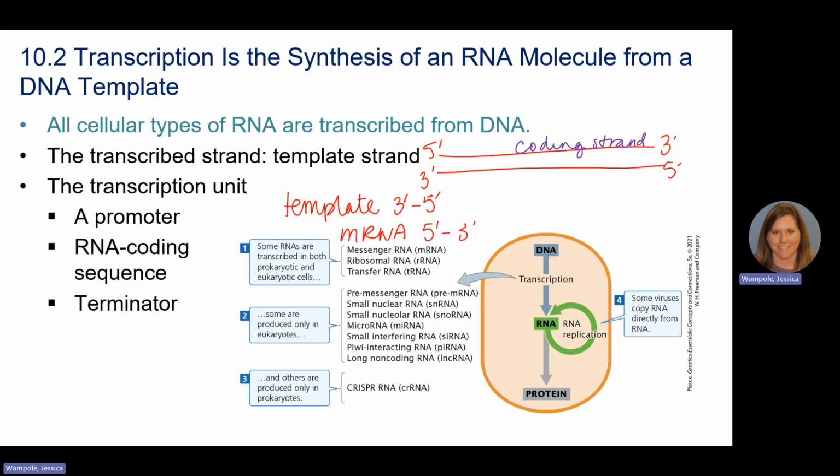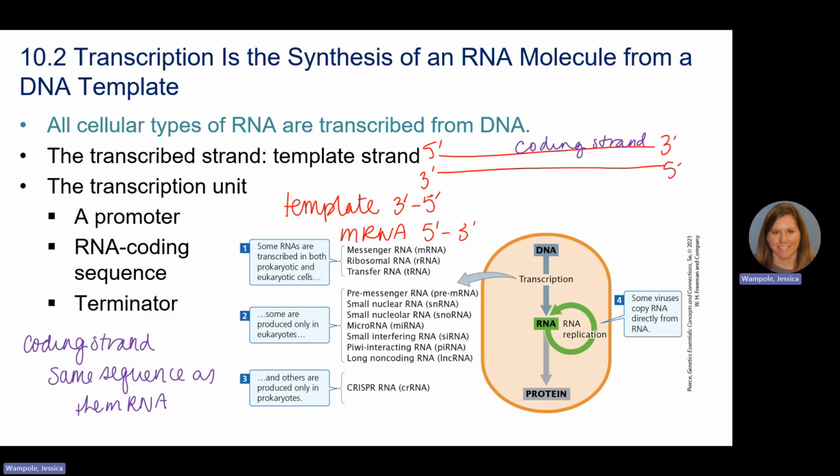When we start looking at sequences, you'll notice that the reason the other one is called the coding strand is that your coding strand is actually the same sequence as the mRNA due to complementary base pairing, except for uracil. So the other strand is called the coding strand because it is the same code as the messenger RNA, and the messenger RNA is the one we use to make our protein.